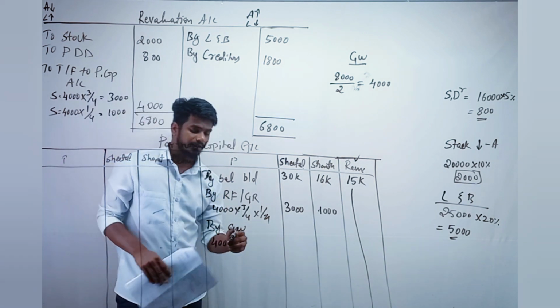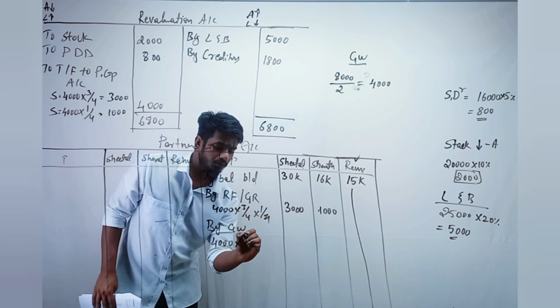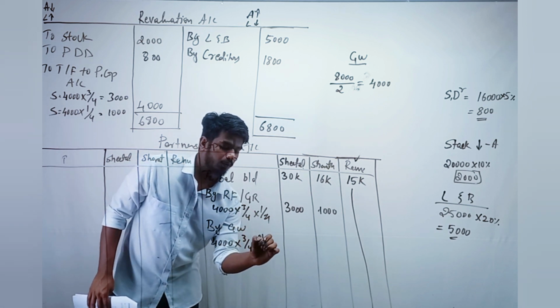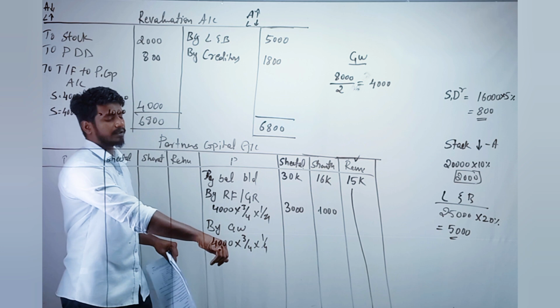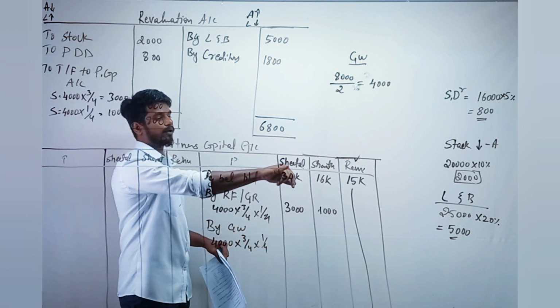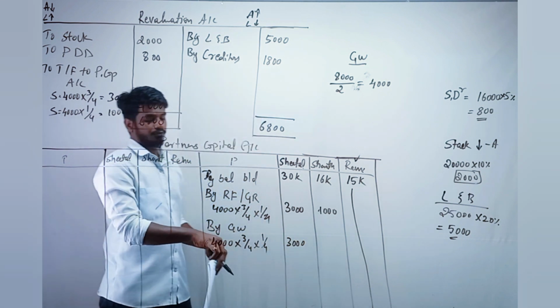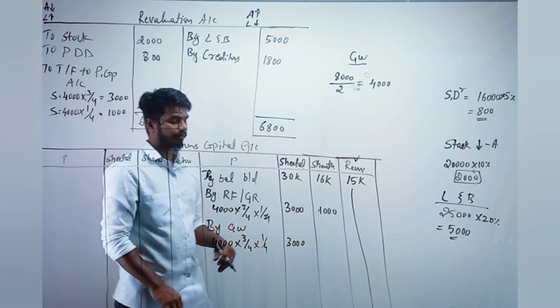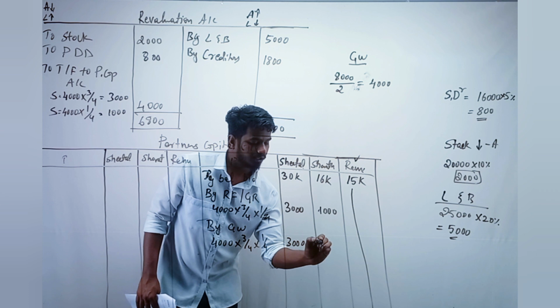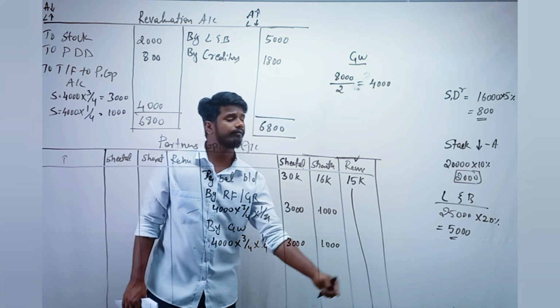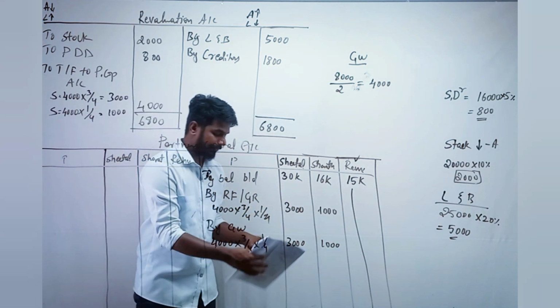Correct. Next, the same 3 by 4 and 1 by 4. 4000 into 3 by 4 for Sheetal is 3000, and 4000 into 1 by 4 for Sharad is 1000. Nothing will come in Renu's column.